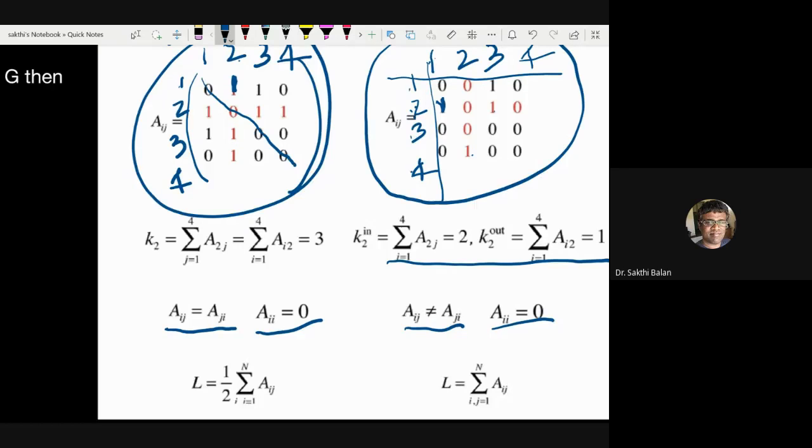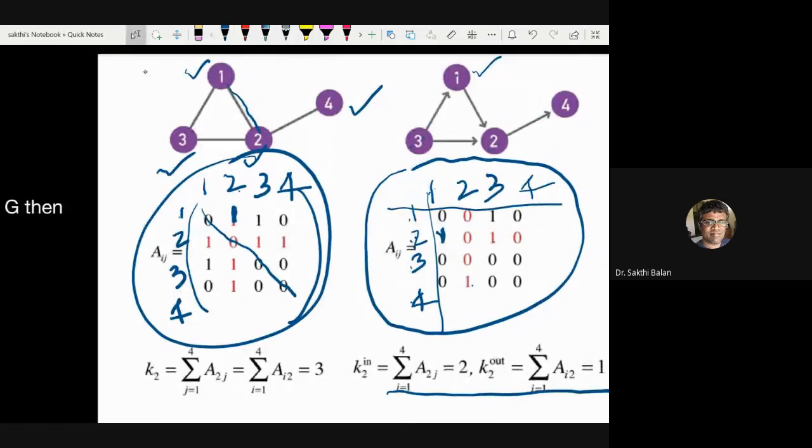So in this case, to find the number of edges, I will be summing up 1 plus 1, 2, 2 plus 3, 5, 5 plus 2, 7, and 7 plus 1, 8, right? So 8 is my number, divided by 2, and that is equal to 4. So we have the number of edges as 4.